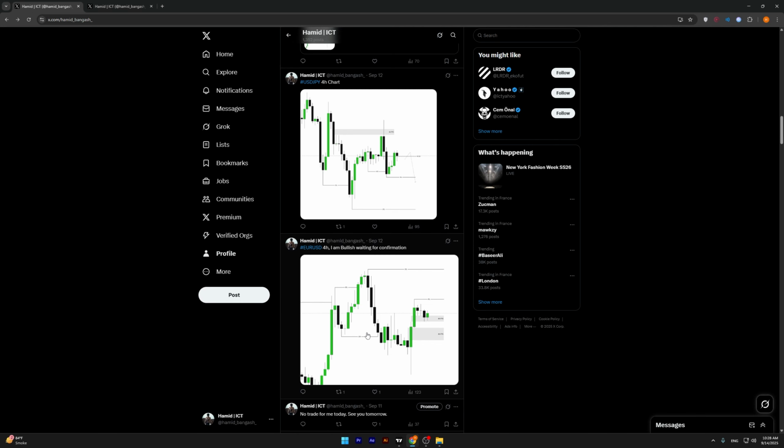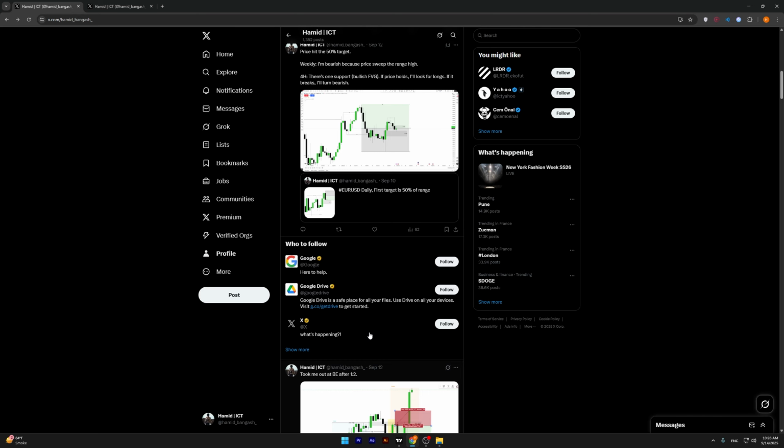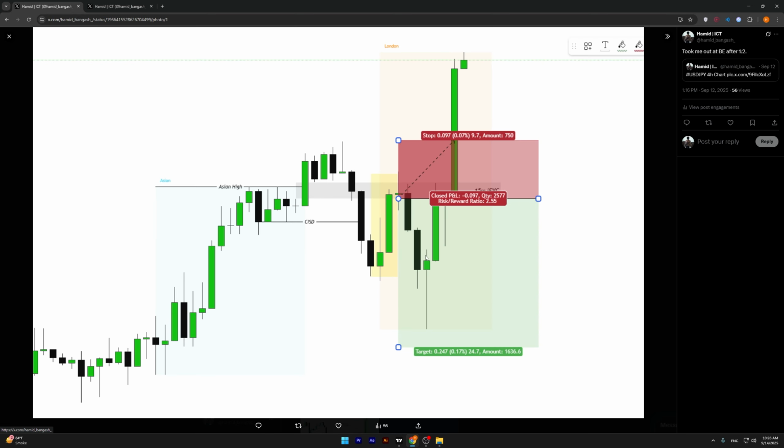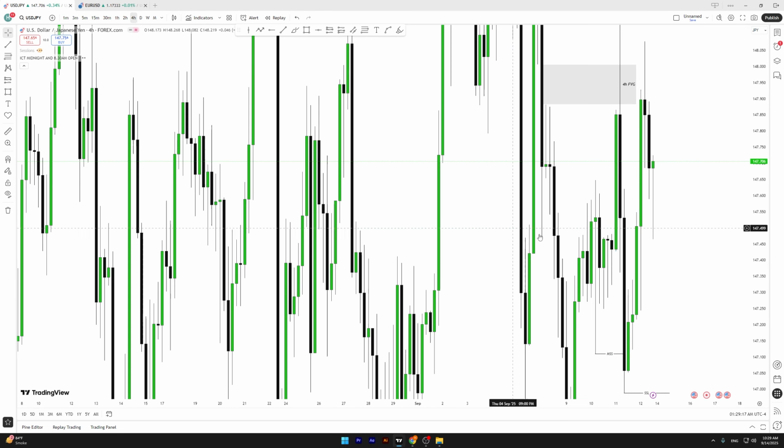This was the bearish trade that I took. Price gave a move of around 1:2 risk to reward ratio, and then hit around 80% of my target, and then took me out at break even. So now let's look at this example.